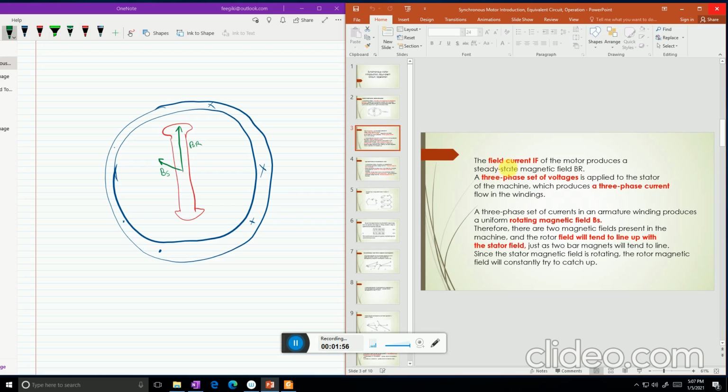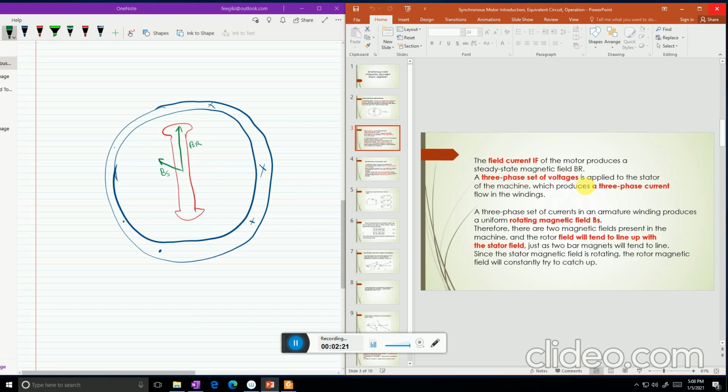Let's study how the field current IF of the motor produces a steady state magnetic field BR. On the rotor there is a field winding. A DC current is supplied to this winding, and this DC current produces a steady state magnetic field BR, which is this one.